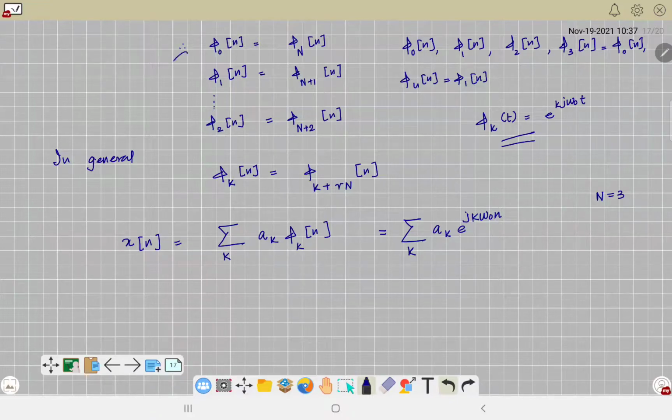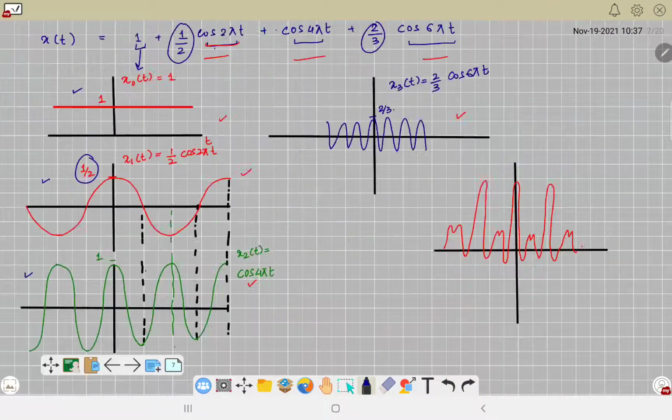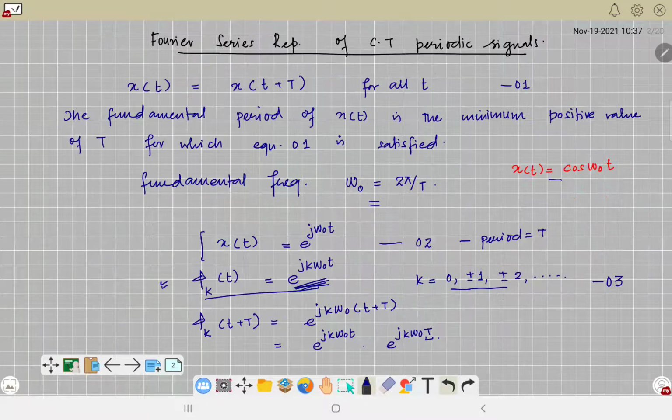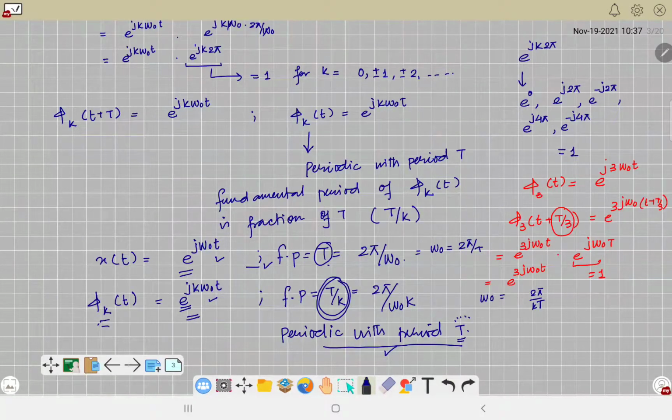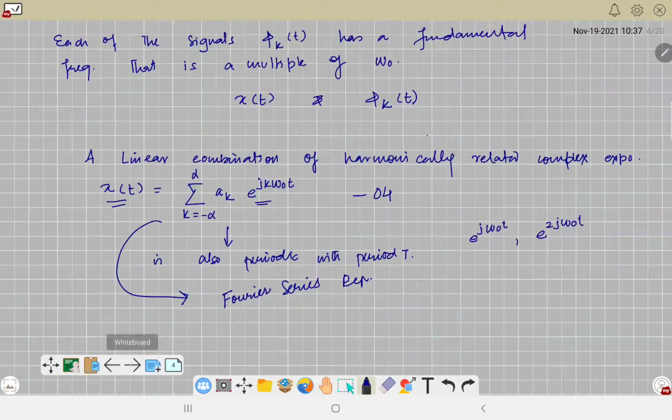But owing to the property that these exponentials repeat themselves, this summation will be over N such exponentials, unlike in the continuous time case where the summation, if you go back, is from minus infinity to plus infinity.